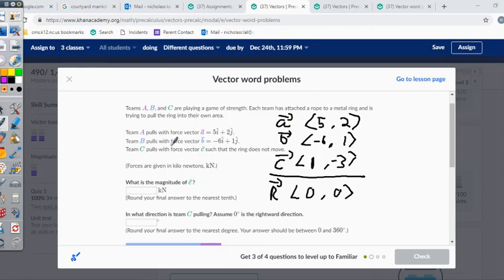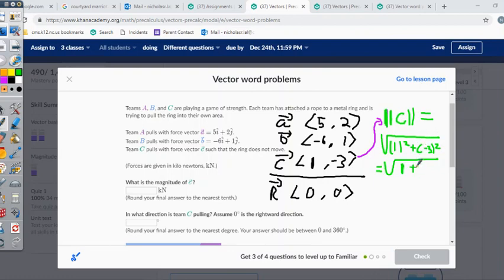1, -3. So let's find the magnitude. To find the magnitude is a simple process. Magnitude of vector C is just going to be equal to the square root of 1 squared plus -3 squared, which is going to be equal to the square root of 1 squared is 1, plus negative 3 squared is 9.